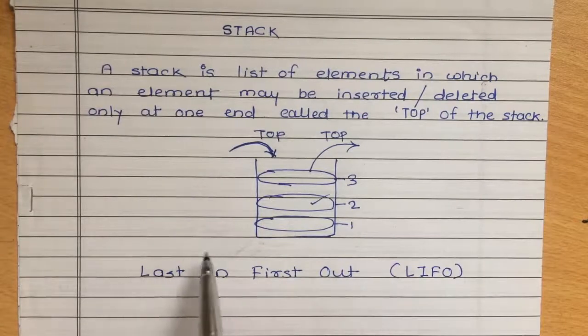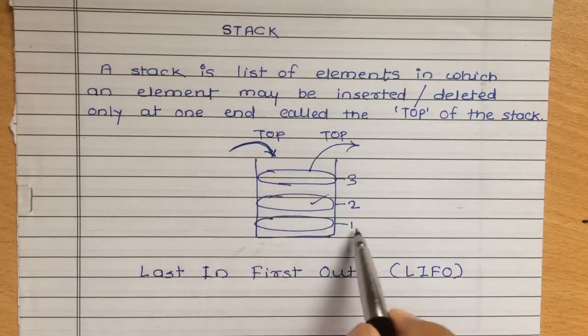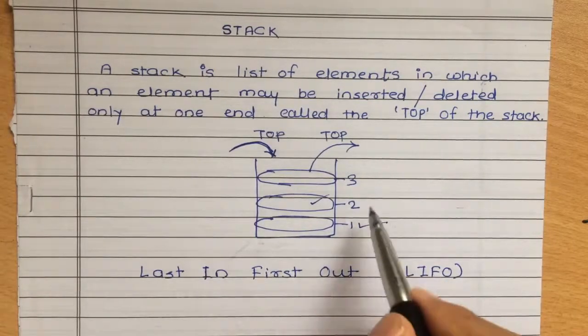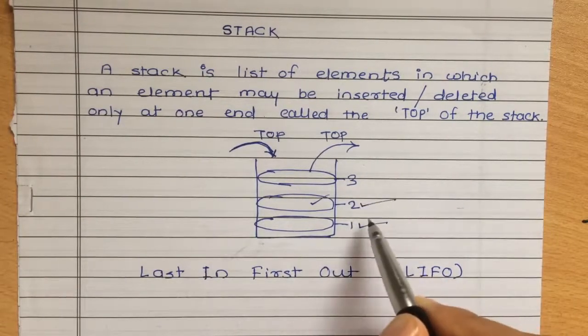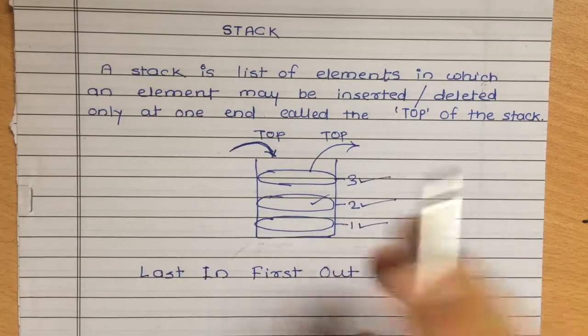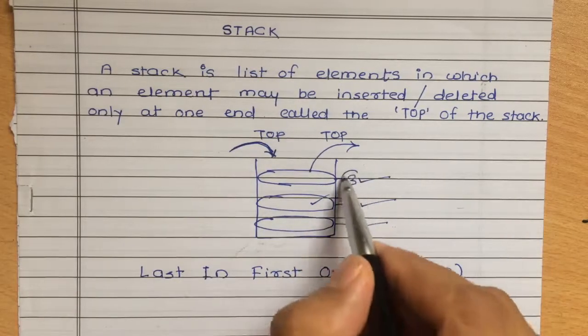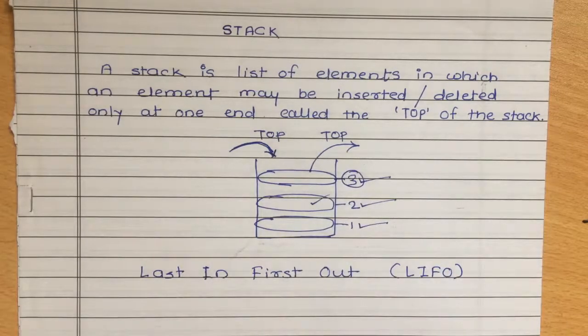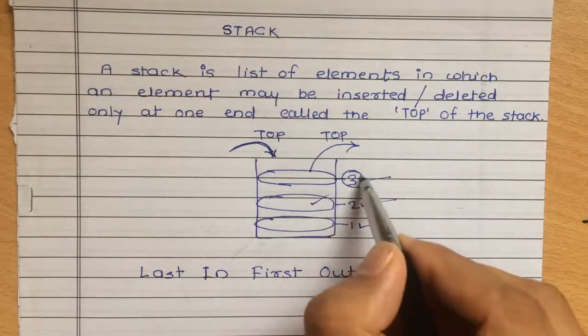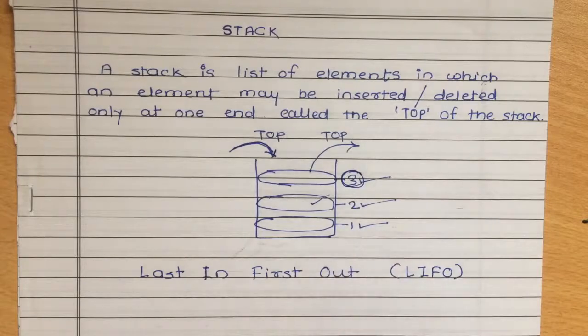Whichever element is inserted last will come out first. In this case I inserted the first dish at first, then the second dish, and then the third dish. So the third dish was inserted last. Now if I want to remove a dish, obviously I will remove the third dish, that is whichever was inserted last I will remove first.